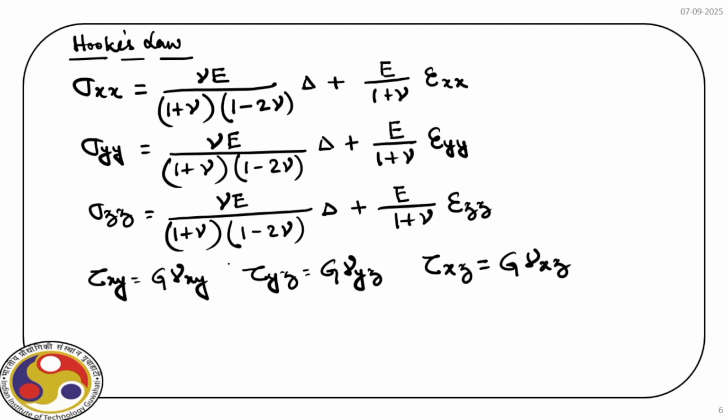So we have used these two relations in the previous slide. Now I will draw your attention here. Just look at the values, because we have the stress and strain components that are 0.